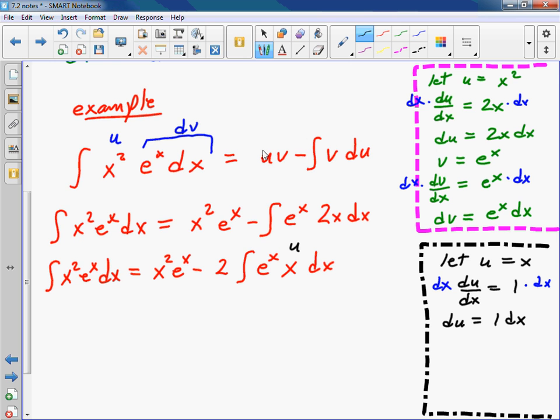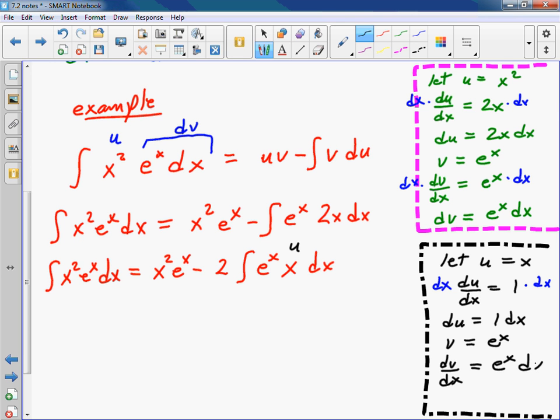So I've got a du, which I will need. I have a u, which I need. And then I need my v. And once again, we're going to let v equal e to the x. Then derivative of v with respect to x equals e to the x.